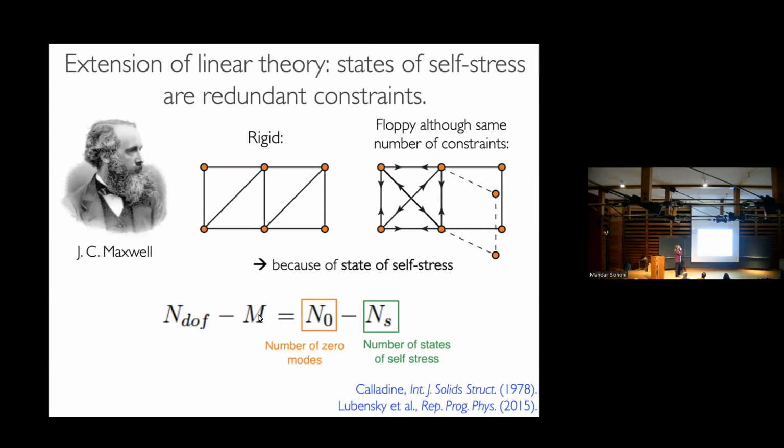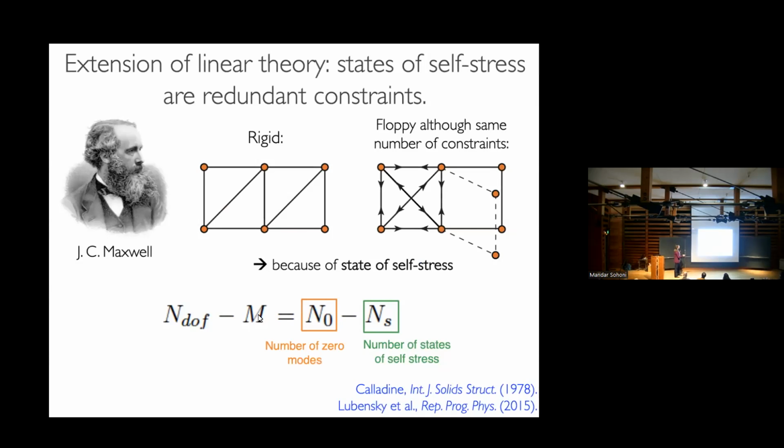But then there's an interesting thing, which is states of self-stress, which I'll come back to later in the talk. The way I like to think about them is as redundant constraints. So here's another set of plaquettes. In this plaquette, I've put the 2 bars in the smart place in order to make the system rigid. But I could have decided to put both bars on one square, and then I would have this extra piece, which is still floppy.